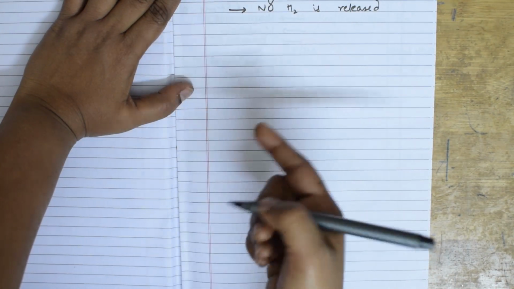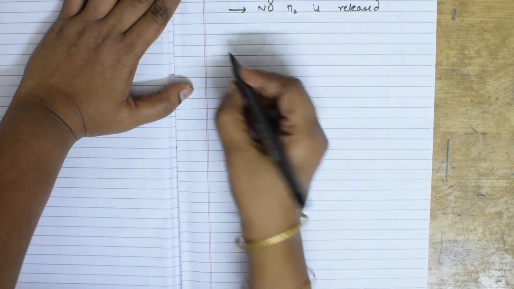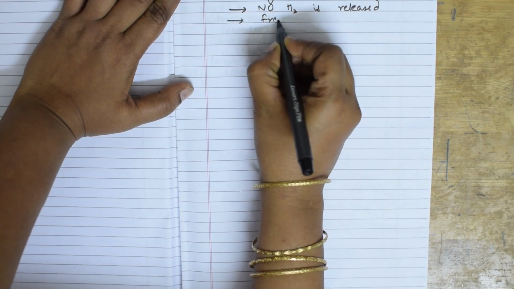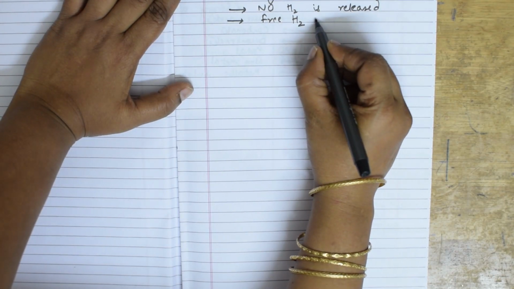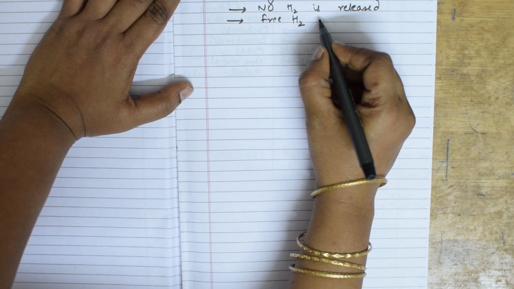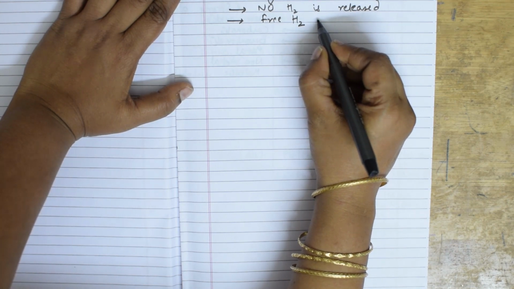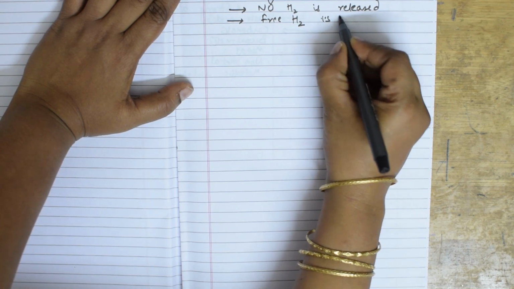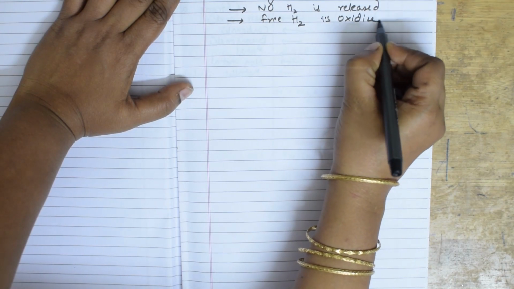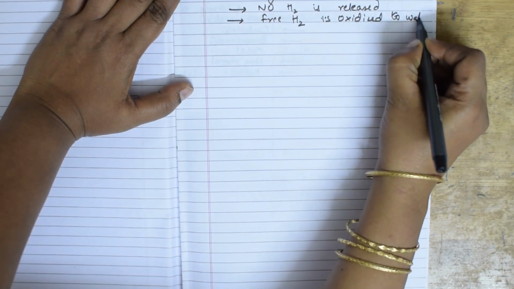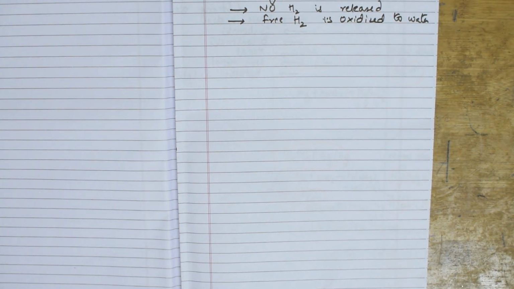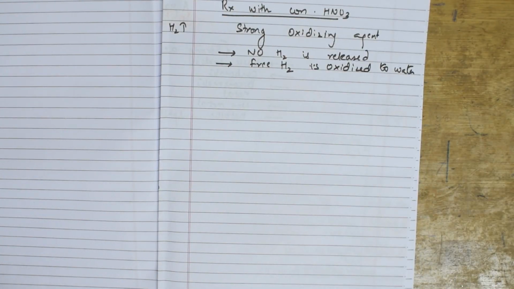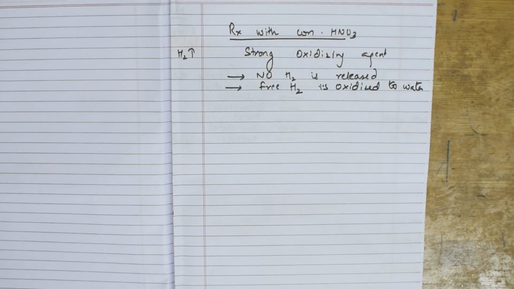Whatever free hydrogen is there, you will see the reactions very soon. Free hydrogen, what will happen to that? It will get oxidized to water. Remember this. Whenever you see concentrated reactions, free hydrogen is oxidized to water. Right, students? Yes, I am writing this.